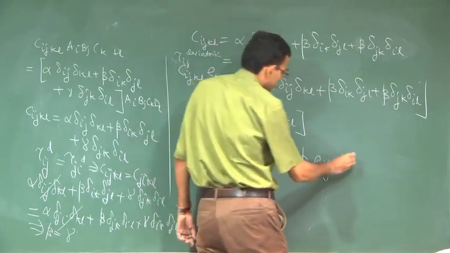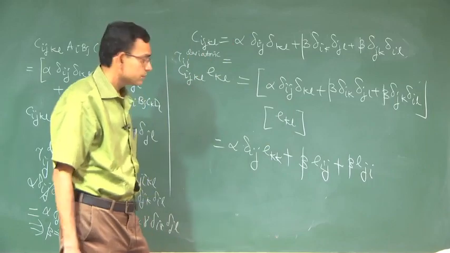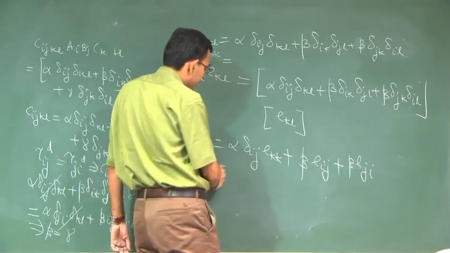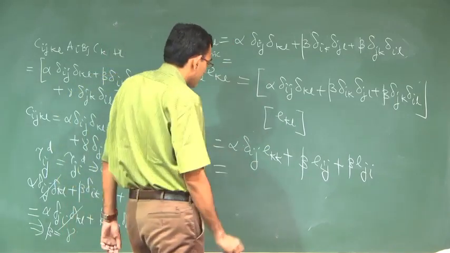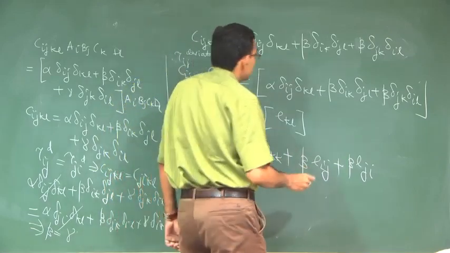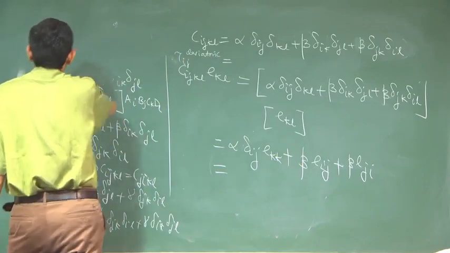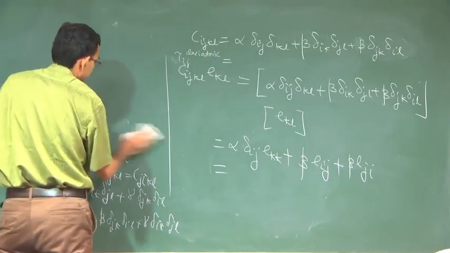So, it will become eji. Now what is ekk? So, let us write the expression for eij here.